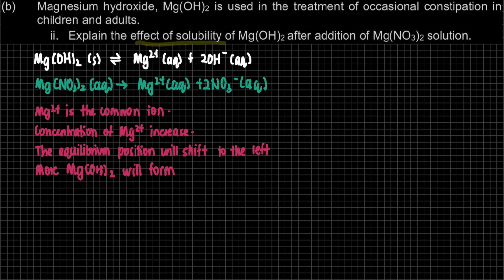If we have more of our solid, it means that it is less soluble. So we have to mention that the solubility will decrease. Solubility is about dissolving; if it dissolves, we form more solution. This one is the opposite: more Mg(OH)2 solid forms. So solubility will decrease if there is a common ion.